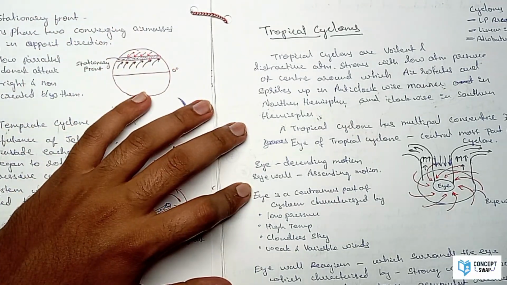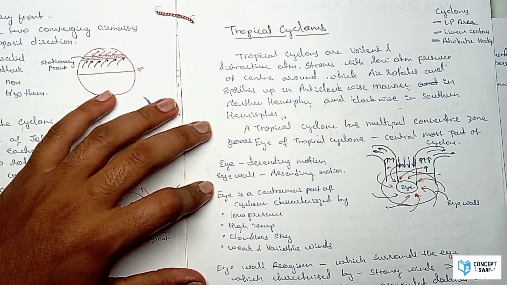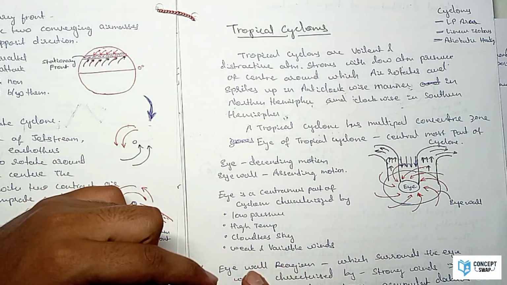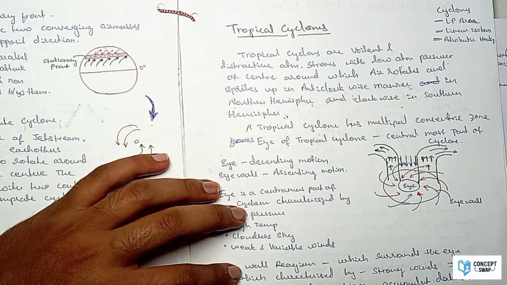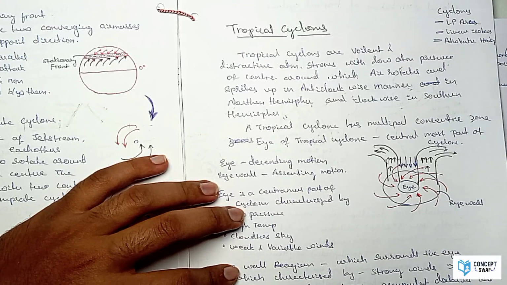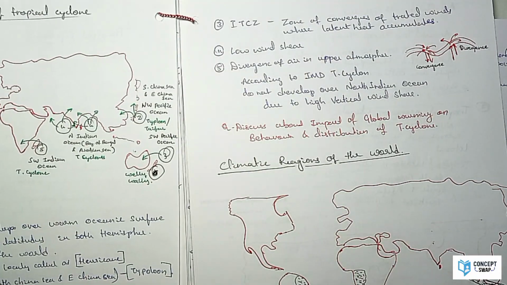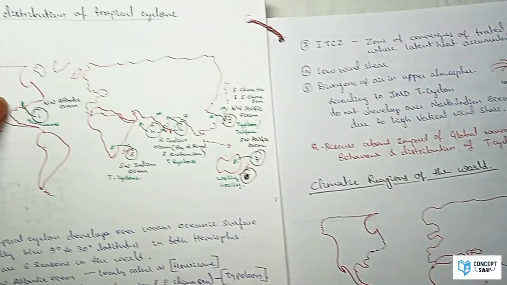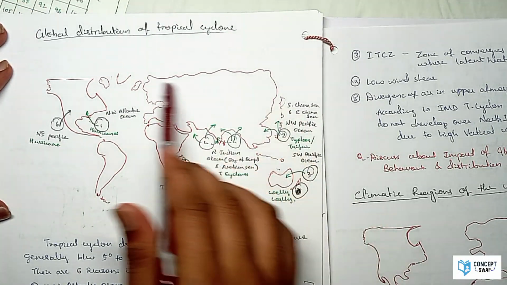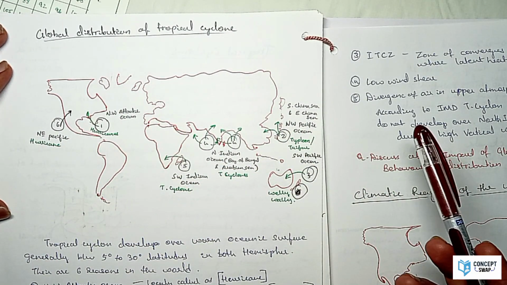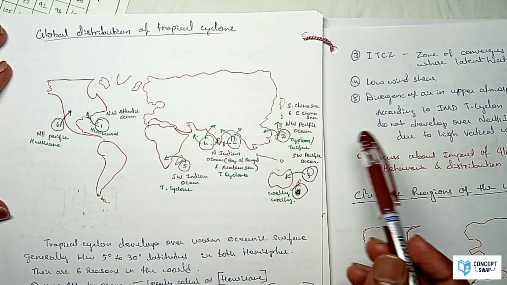Okay, I discussed this tropical cyclone. This is the eye wall. See this diagram. You can also make notes by pausing the video. Global distribution. Cyclones are globally distributed, and in different areas they are called by different names.